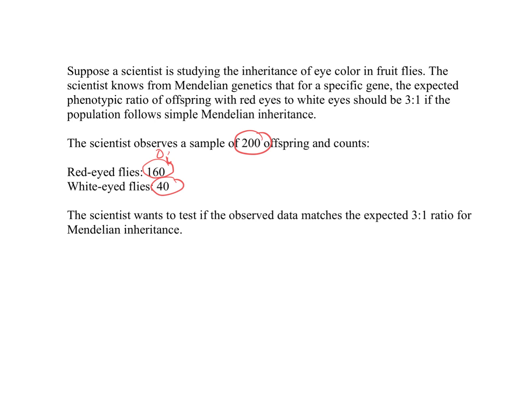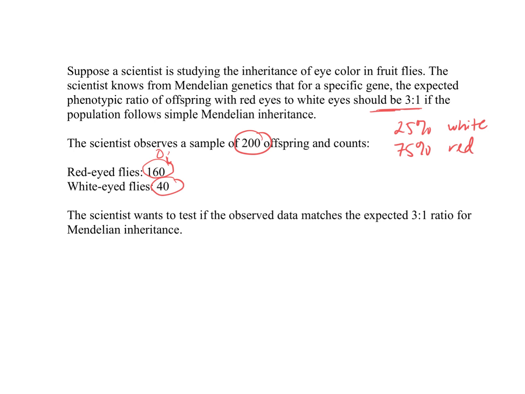We also need to figure out what the theoretical expected values would be for each of these categories. And that's where this information from the question comes in. If that proportion is true, then we would expect about 25% of the population to have white eyes, and we'd expect about 75% to have red eyes.